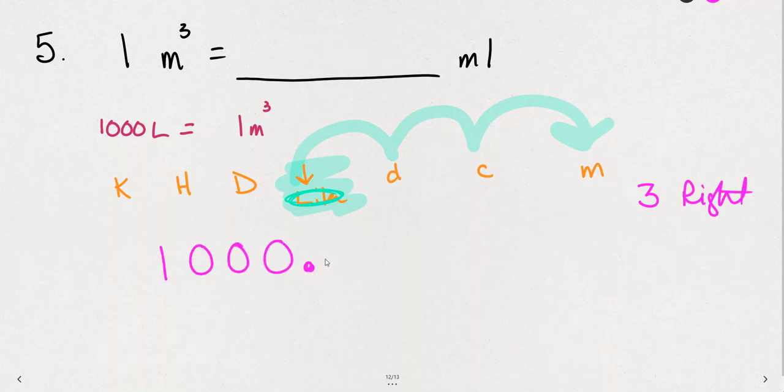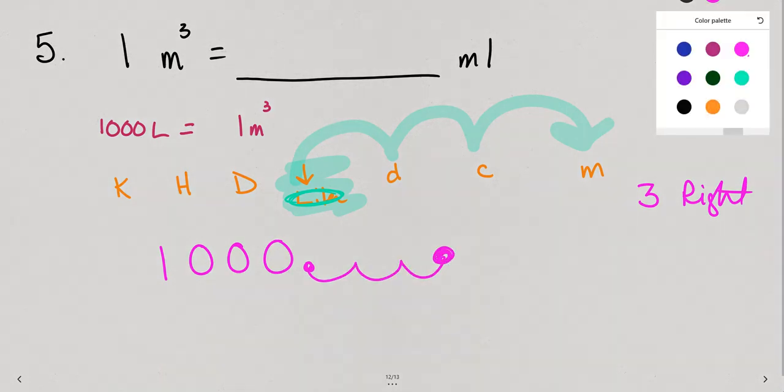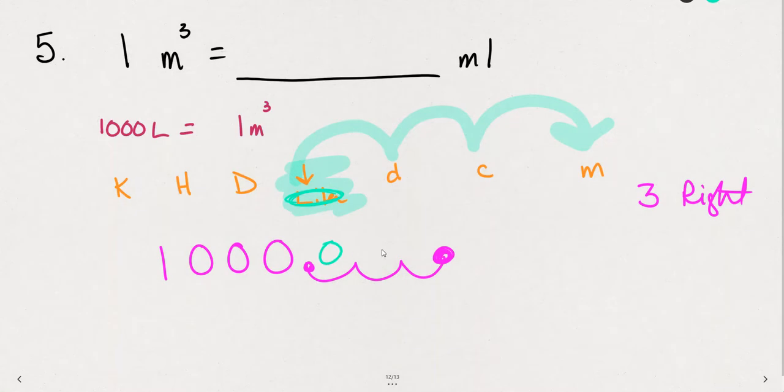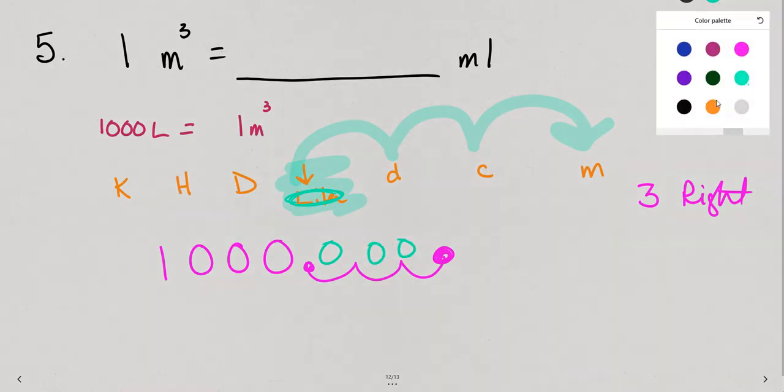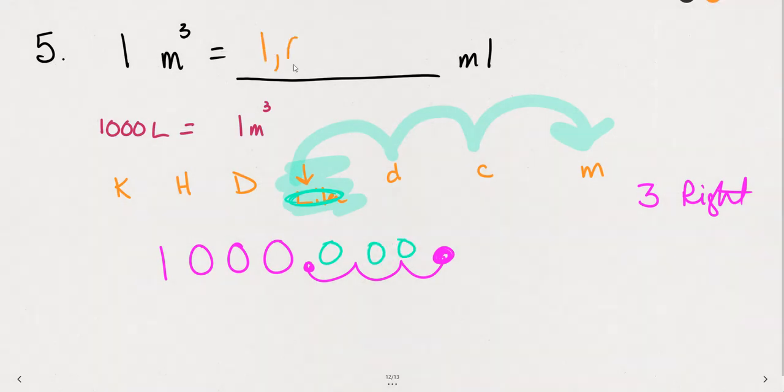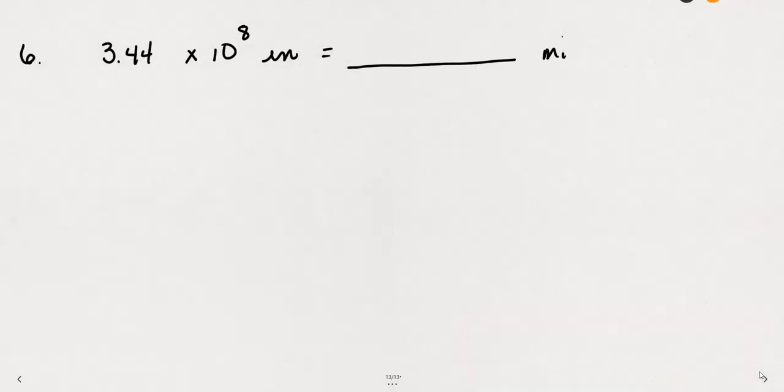So if I go 1, 2, 3 to the right, it looks like I'm going to need 3 placeholding zeros. Which looks to me like we've got 1 million. I'm not going to write that down here for you, but you should be able to write that from that answer there.